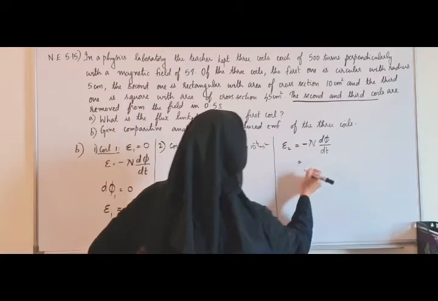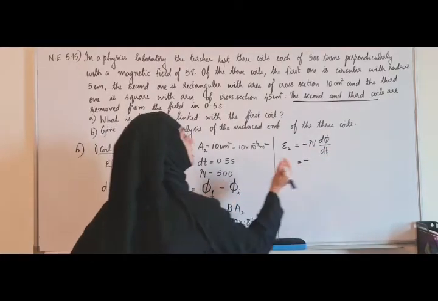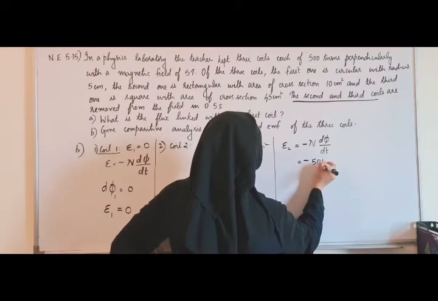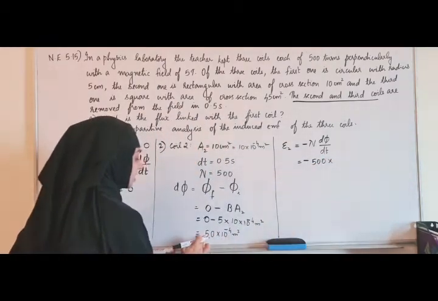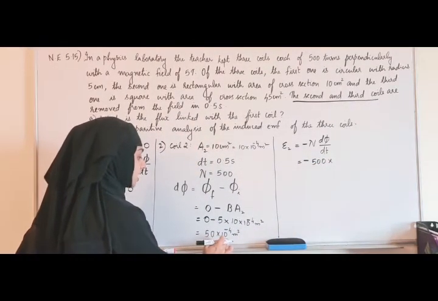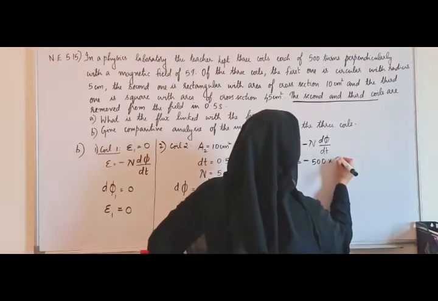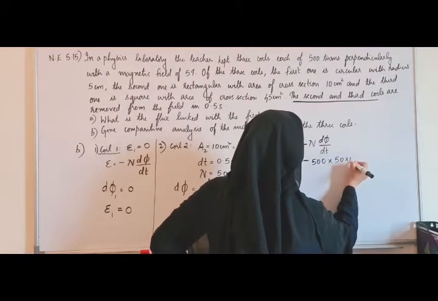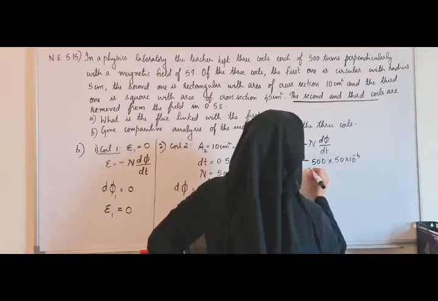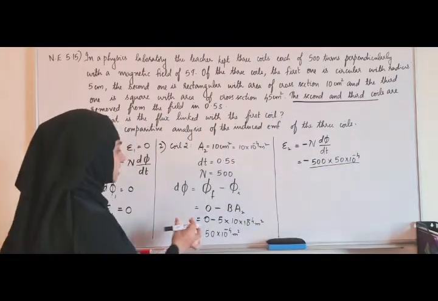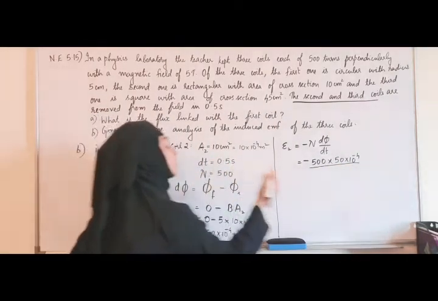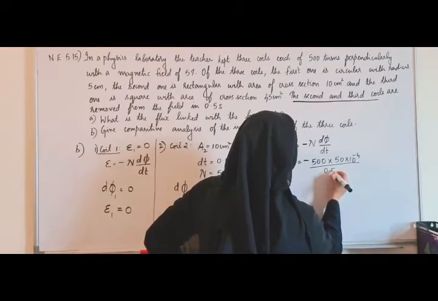This is equal to minus N is 500 times d phi is equal to 50 times 10 raised to minus 4, divided by dt. dt is 0.5 seconds.